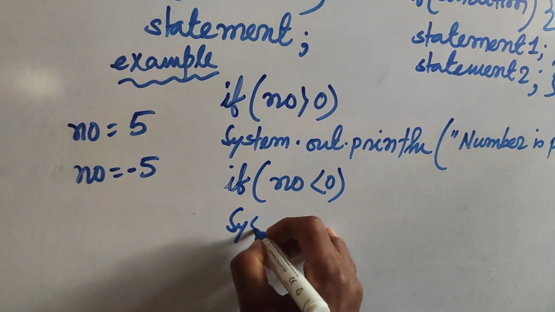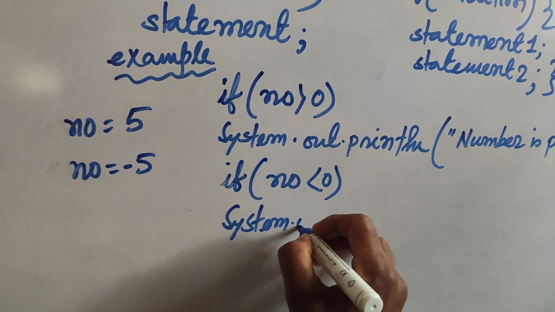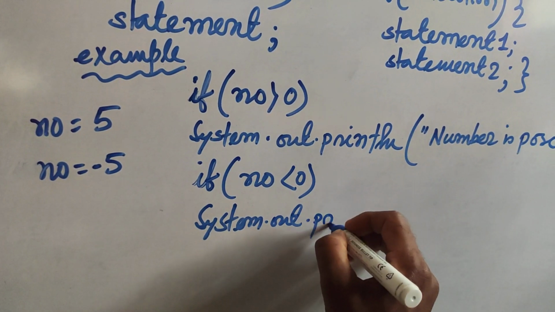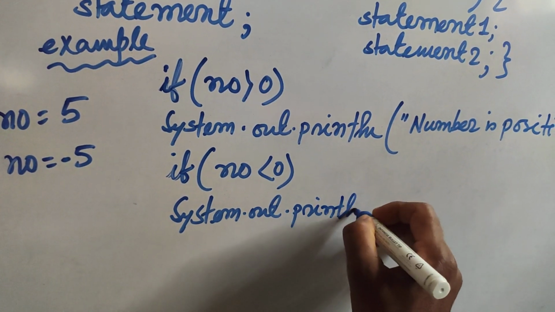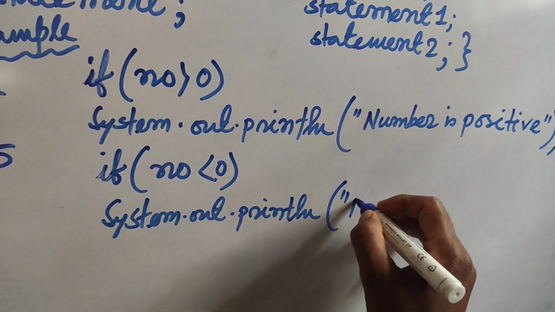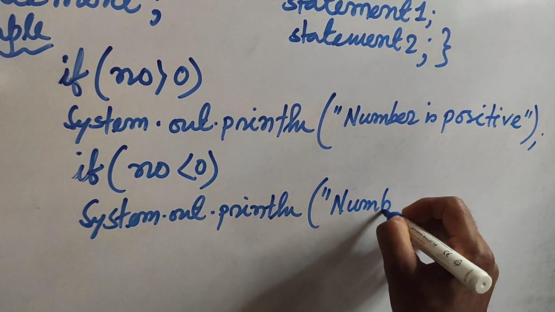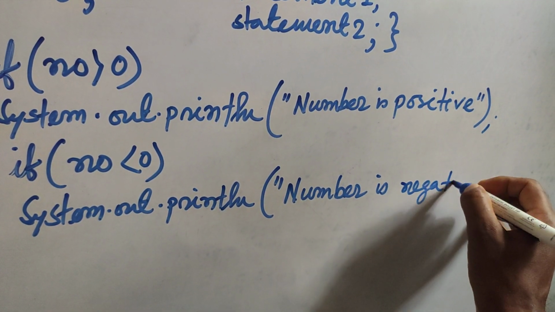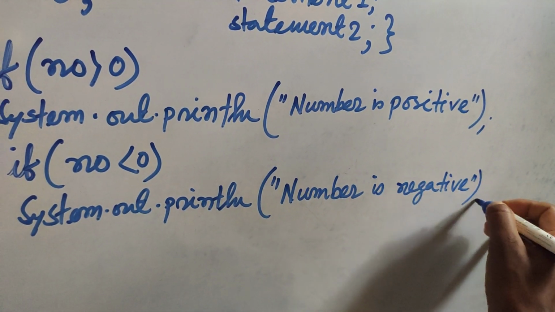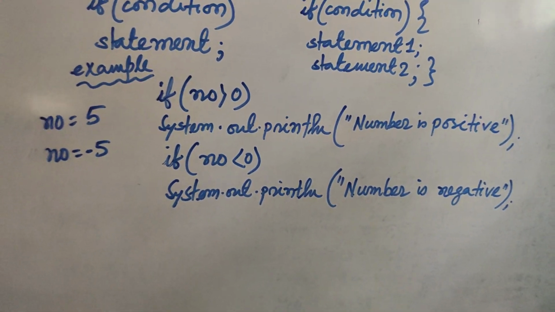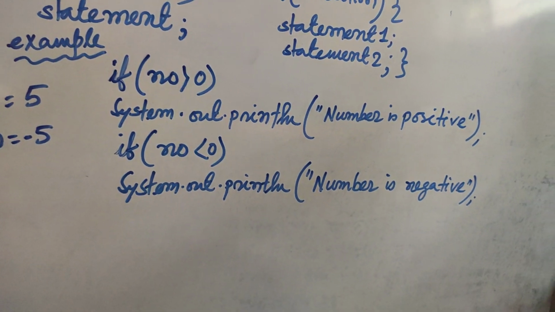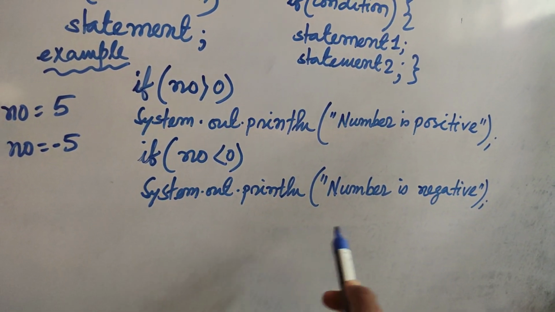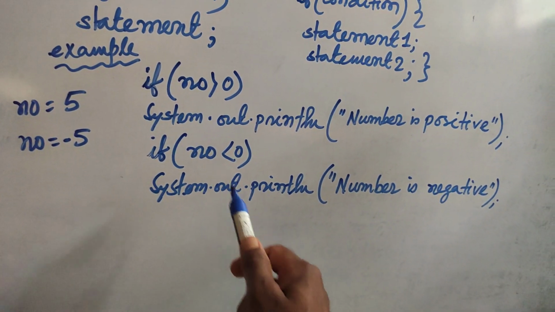The computer displays System.out.println number is negative. So you have to give two statements, one for the true part and another for the false part.